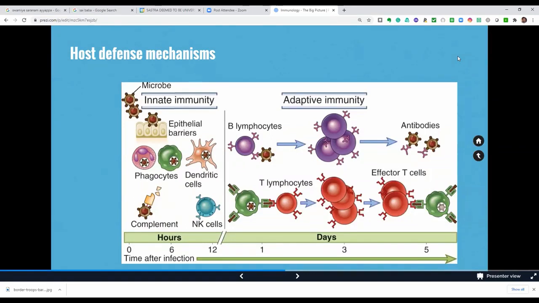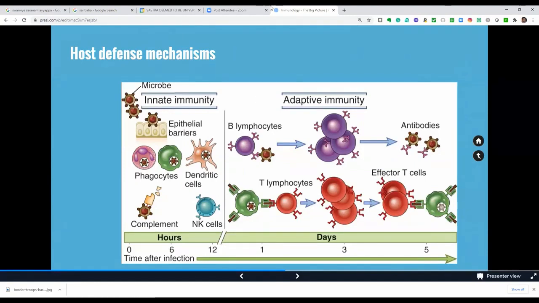So there are various cells, tissues, molecules, signalings, and mechanisms taking place in both innate as well as adaptive immunity. We can see here epithelial barriers, phagocytes, dendritic cells, complement, NK cells, lymphocytes, B lymphocyte, T lymphocyte, antibodies, effectors. This is not the entire picture, right?